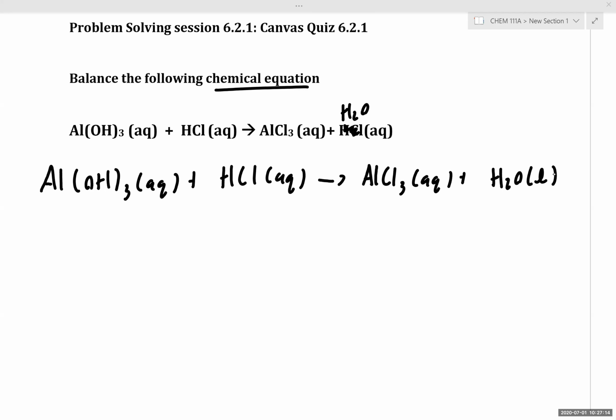So let's try to balance the following equation, and then we'll discuss in about another 3 to 4 minutes. If you're curious what type of reaction this could be classified as, an acid-base or a double displacement or double replacement reaction.